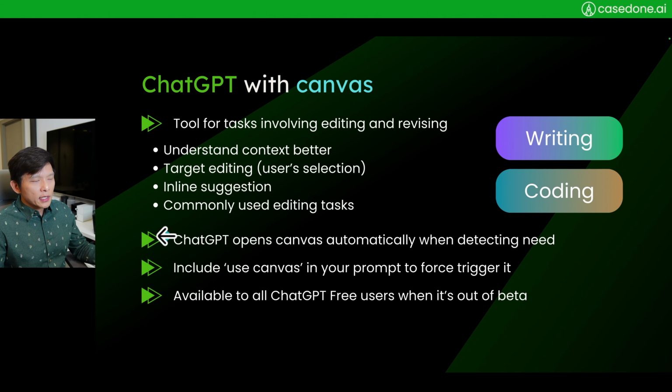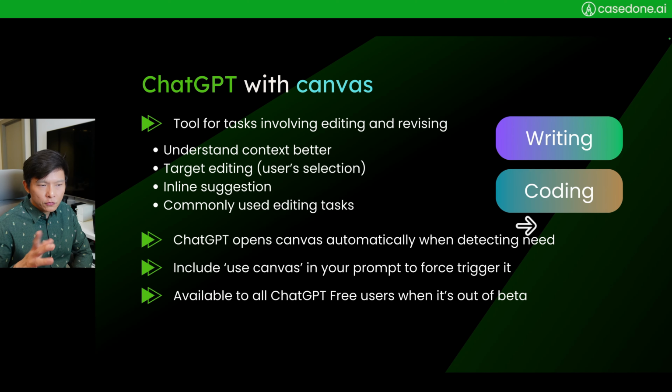So how it works is, when you choose the model ChatGPT with Canvas, ChatGPT will try to detect if it needs to open a Canvas panel or not. So there is a chance that it fails to do that, but from the OpenAI website, it claims to have an accuracy of about 80 to 90% of correct detection.